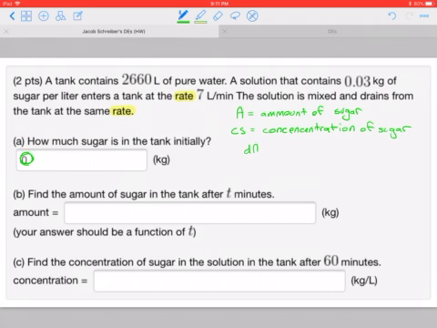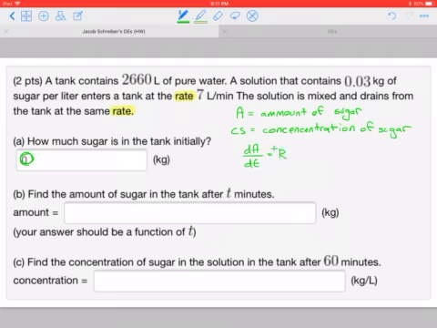so we're going to begin to model it as such. We know that the derivative of A with respect to time is basically saying what amount is in there with respect to time and how that changes. Well, how does this change? We know that there's a rate of solution going in, and we know that something's coming out. So something's going to add to it, something's going to subtract from it.